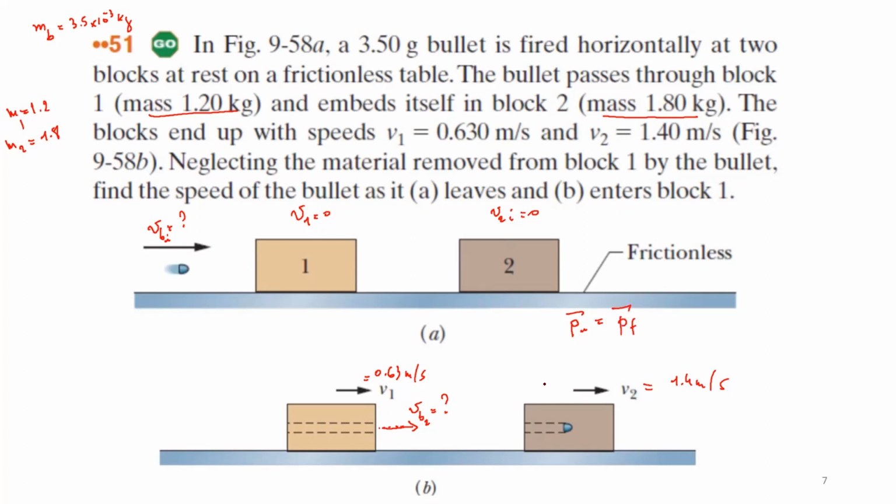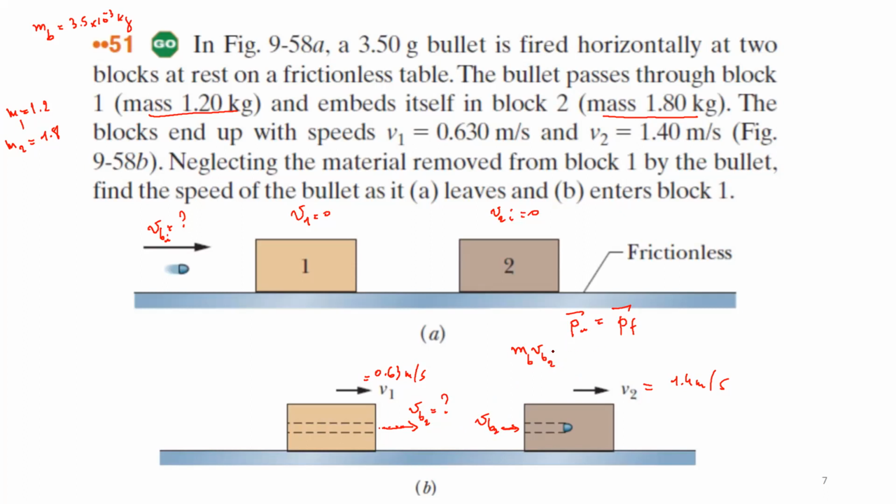Momentum before is the mass of the bullet multiplied by the velocity of the bullet. I'm looking at VB2, because the bullet will get out from the first block with VB2 and it will enter this block with the same VB2. So it will be the mass of the bullet multiplied by VB2. I project everything on the x-axis.